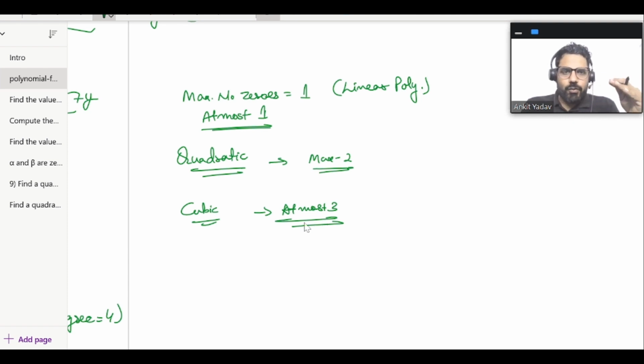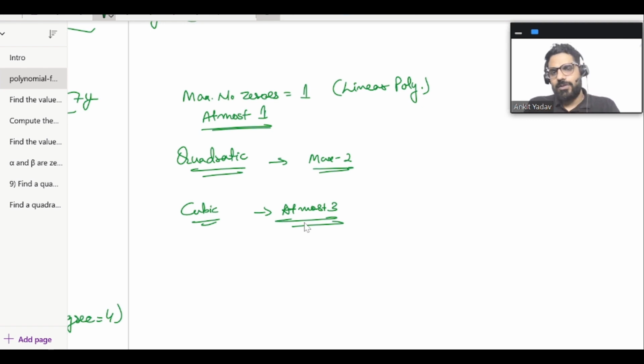So when you represent the given polynomial on the graph, you can check through the graph how many zeros it can have. But I have already told you how you can define the maximum number of zeros of the given polynomial. Basically, it is defined by the degree of the polynomial. So the zeros of the polynomial cannot be greater than the degree of the given polynomial.